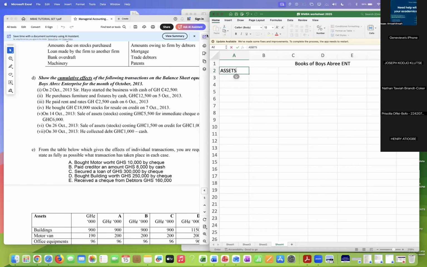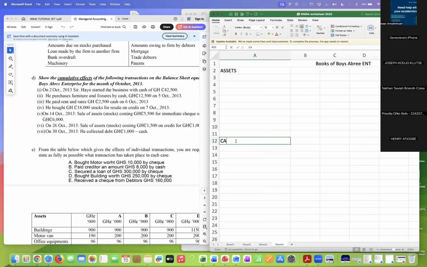Because we don't know the number of assets that we're going to have, we leave as many rows as possible to capture the assets. So I'll capture my capital and liabilities also down here. Okay, so capital and liabilities.